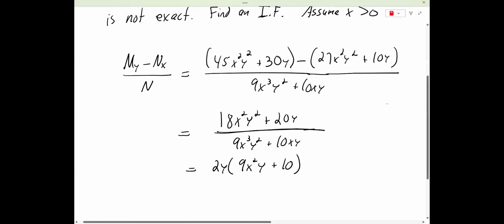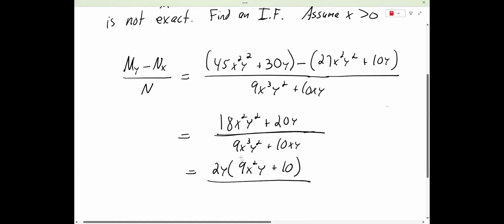And then down here, you can take out a common factor of xy, and that leaves behind 9x squared y plus 10.